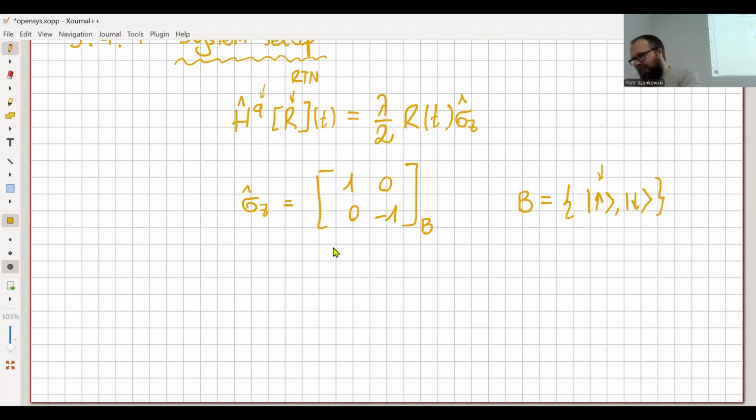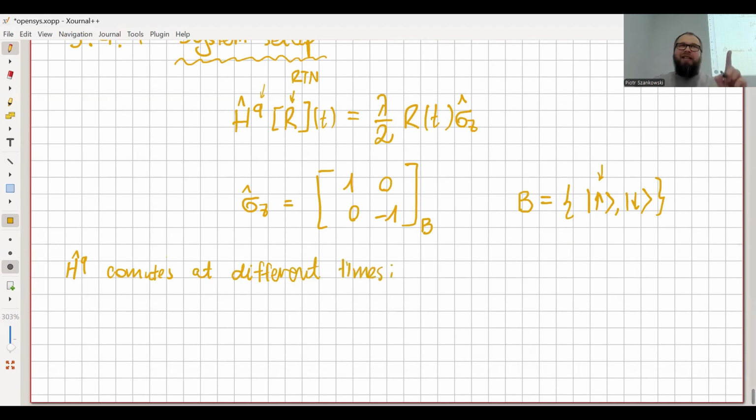And now, because this Hamiltonian is simple like this, it has the property that H^q commutes with itself at different times.